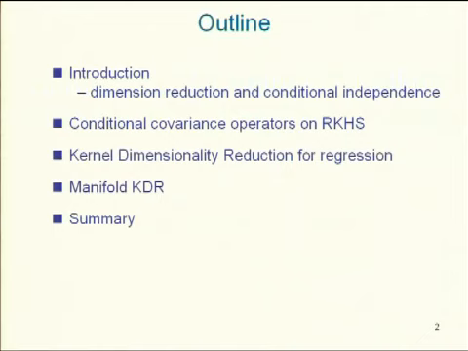So I'll remind you briefly what dimension reduction is in this regression setting, and particularly emphasize conditional independence as kind of the road into this set of ideas. And then we're going to talk about my preferred technique for assessing conditional independence and leading to an algorithm for doing dimension reduction, and this is going to be to use operators on reproducing kernel Hilbert spaces. You may have heard other talks where people use reproducing kernel Hilbert spaces as sources of basis functions, basis expansions for regression or classification.